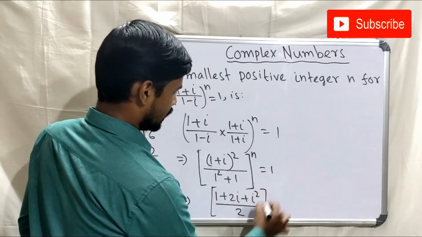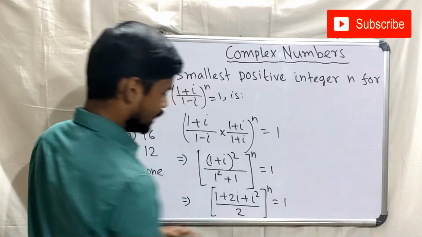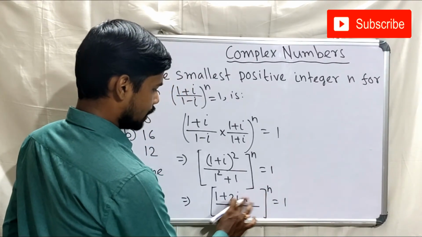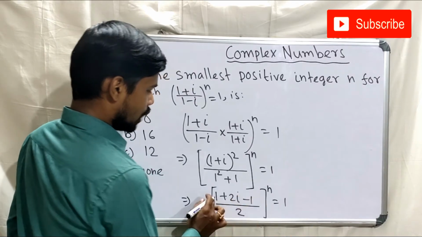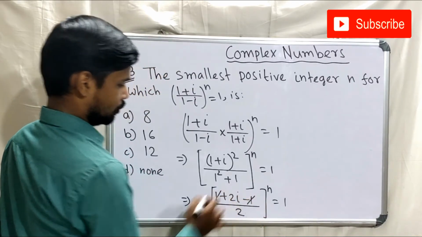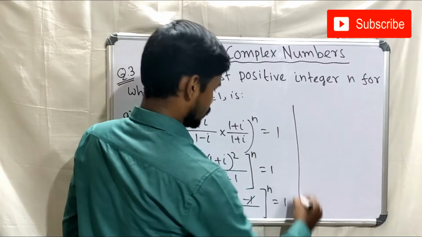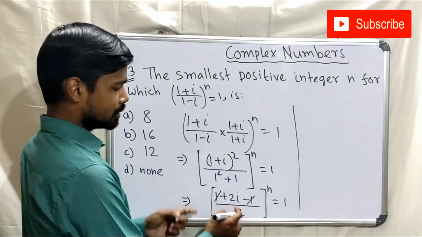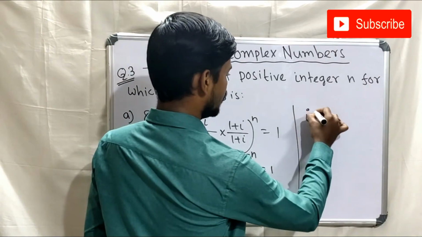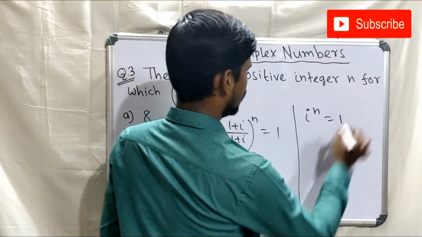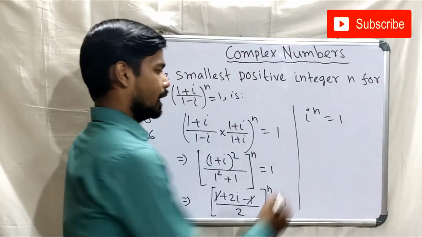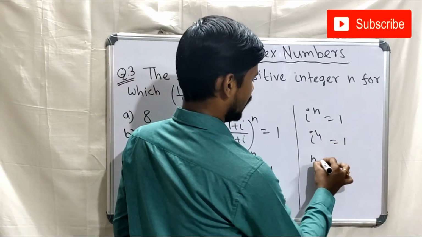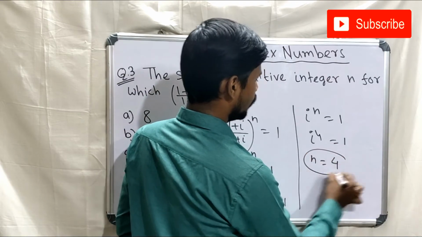We know that i square is minus 1. So if we write the value of i square, then 1 minus 1 will be cancelled out, and 2 in the numerator and 2 in the denominator will be cancelled out. So here it will be i to the power n equals 1, and we know that iota to the power 4 equals 1. Therefore the value of n will be 4.